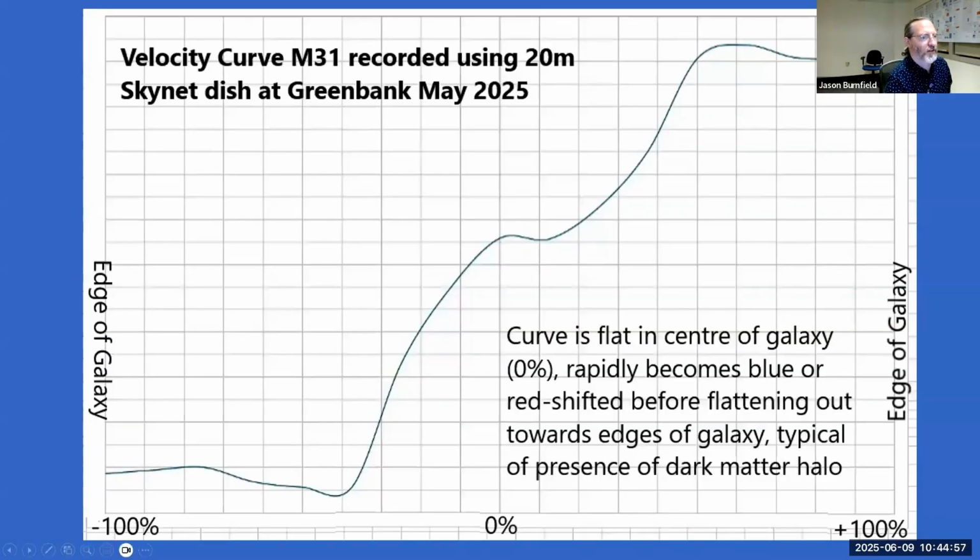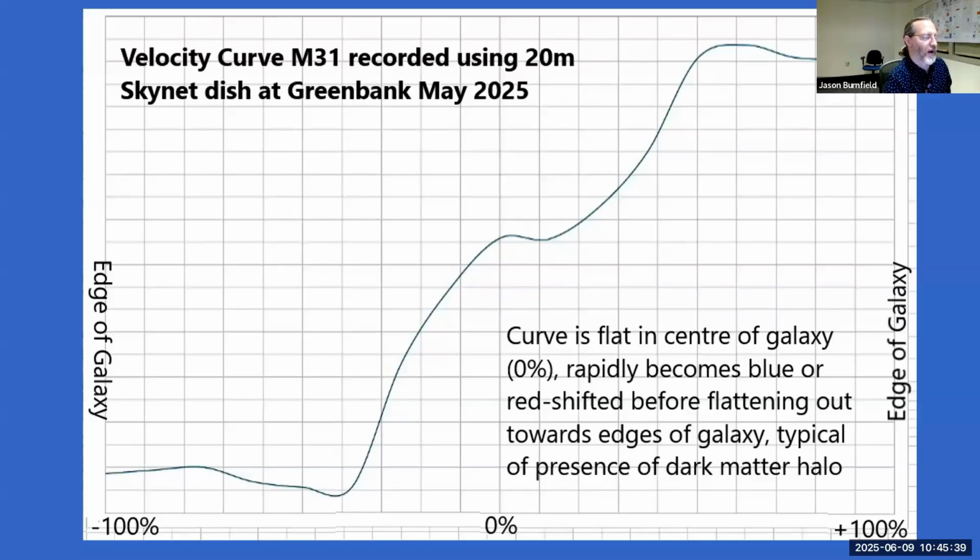And then another thing we can see, so I did 3D surface plots of the peak velocity, and you can definitely see the relatively flat velocity profile across the disk, which is the telltale sign that dark matter is a thing, because the flat velocity curve indicates there's a lot more rotational velocity than can be accounted for from the visible matter.